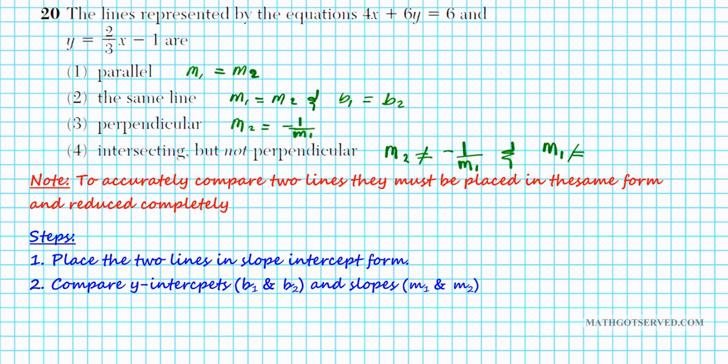In this case, we do not want the intersection to be 90 degrees. So we've already said M2 cannot be negative 1 over M1. And we don't want it to be parallel, so M1 cannot be equal to M2. Okay? Now, what we're going to do is put both equations in the slope-intercept form, and then compare them, since the slope-intercept form makes our comparison much easier.